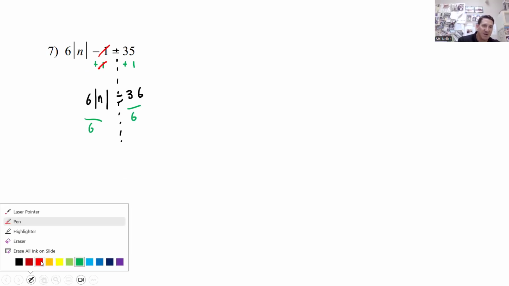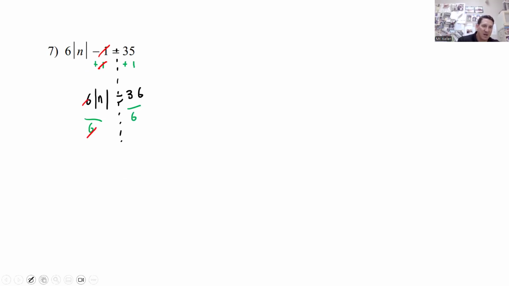Times 6 divided by 6 cancels out, and you get the absolute value of n is equal to 36 divided by 6, which is 6. So now, what numbers are 6 away from 0? There are two solutions. It is positive 6 or it can be negative 6.